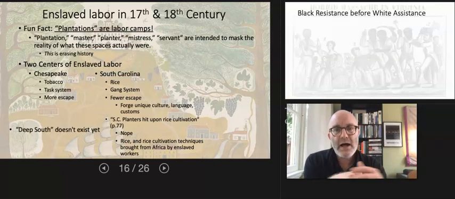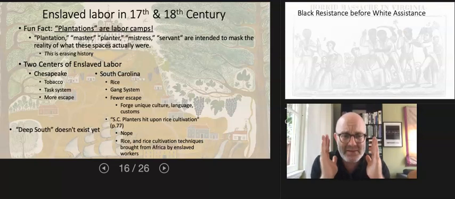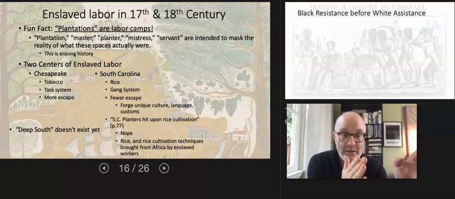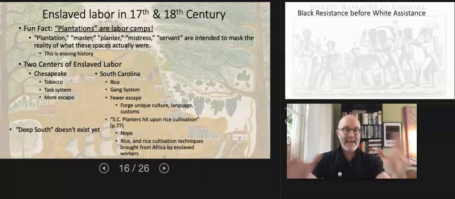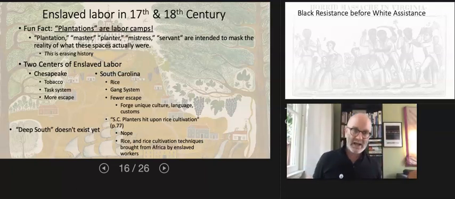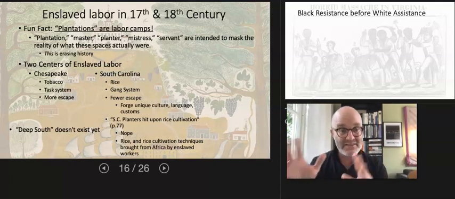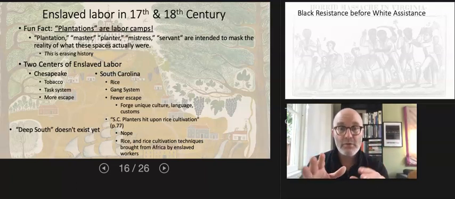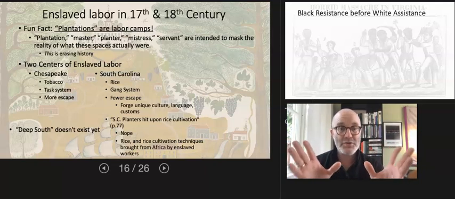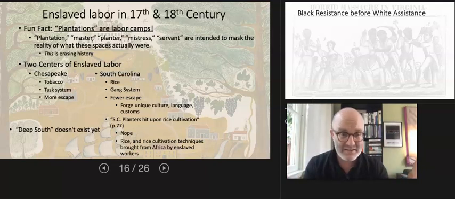The Deep South. We have a tendency when we go into talking about slavery, our mind goes right to cotton. Right, cotton plantations, gang labor systems, the white guy on horseback with the whip. That is the Deep South. That is Mississippi, Alabama, right? That is a kind of agriculture that doesn't exist yet. That's not even a region that exists, right?